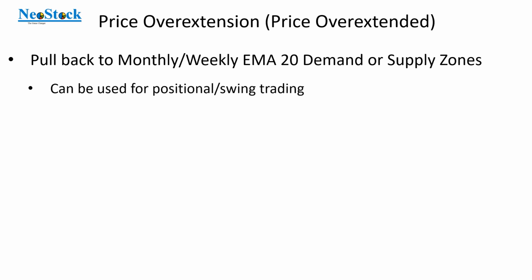Now what can we do when there is a pullback to the monthly or weekly EMA 20? We can use it for positional or swing trading. That means the best way to buy stocks for swing trading or positional trading, whatever name you use. Once the overextension is completed on the monthly chart or weekly chart, you can plan your positional trade or swing trade.